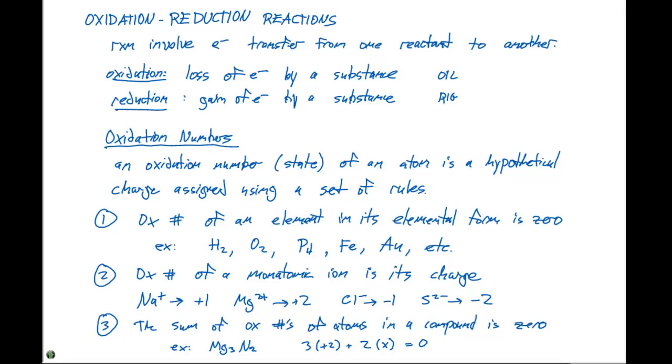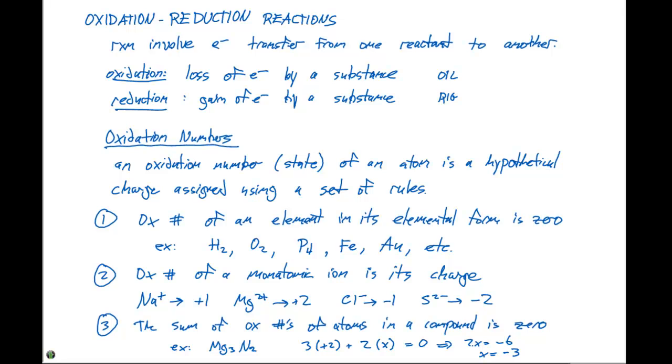So if we do some algebra, it's going to be 6 plus 2x equals 0. This gives us 2x equals -6, and x equals -3. And the -3 then would be the oxidation state, or the oxidation number, for the nitrogen.